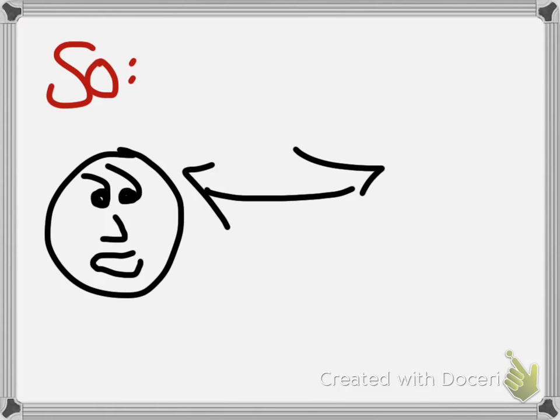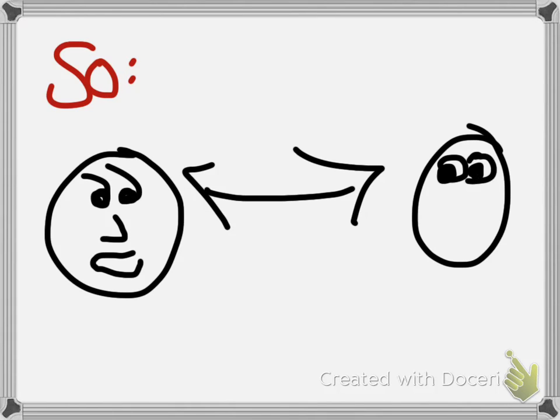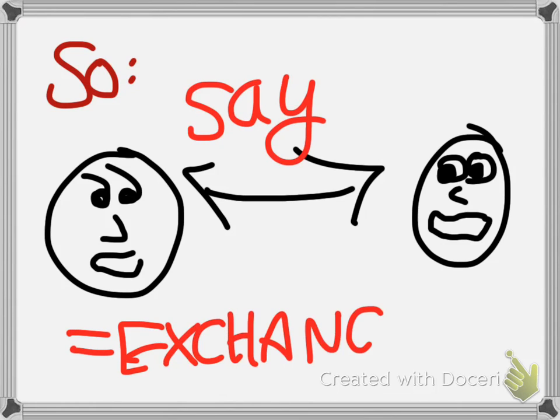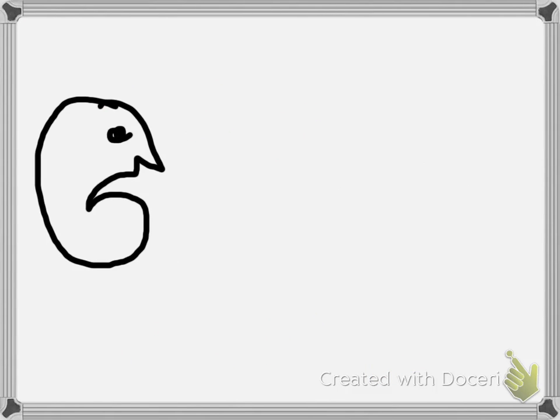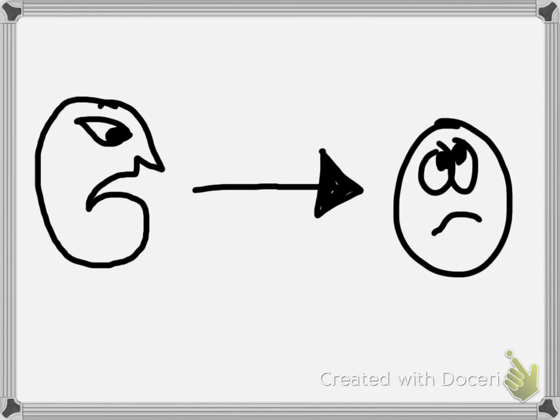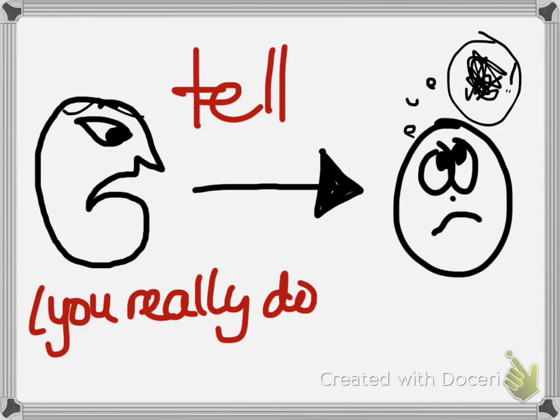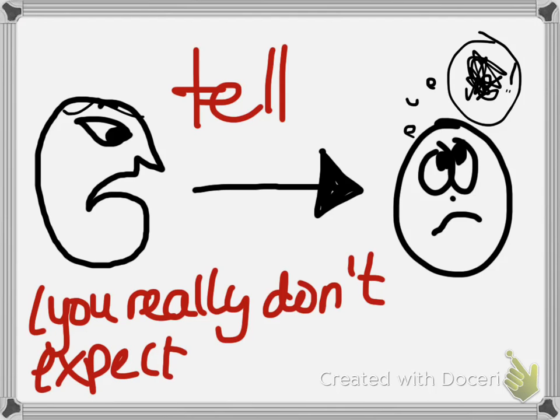So, quick review. Say is the exchange going back and forth between the listener and the speaker, where tell usually has the idea that the speaker is giving information to the listener, but not necessarily the other way around. For example, if you tell someone to shut up, you really don't expect a response.